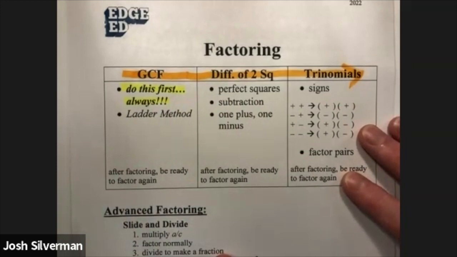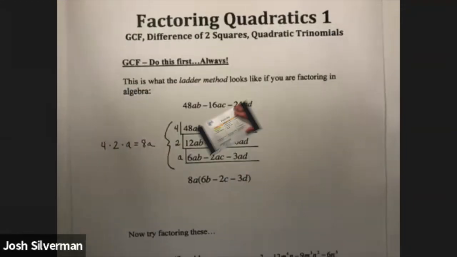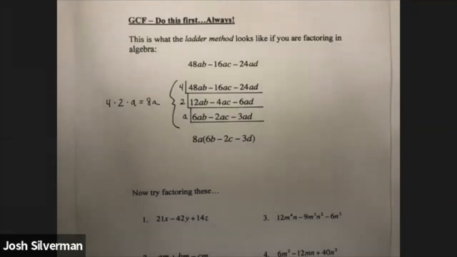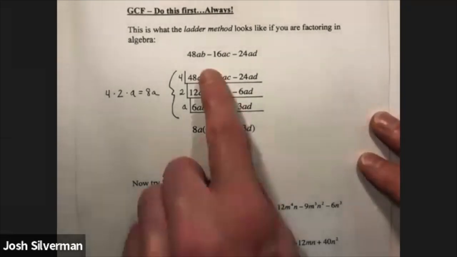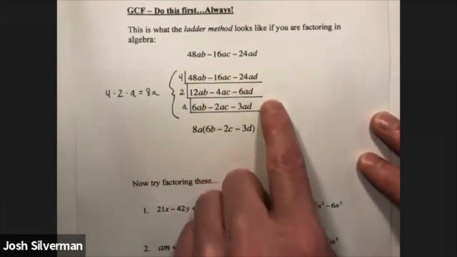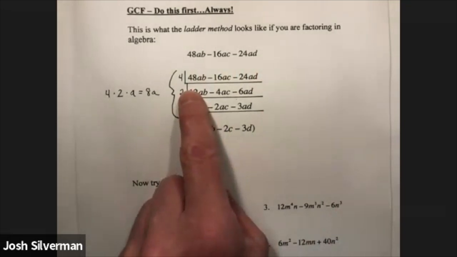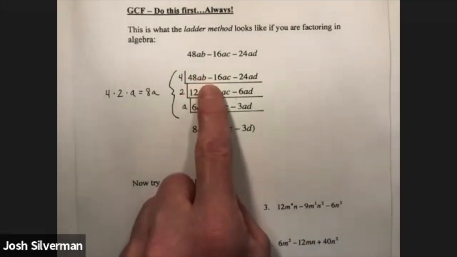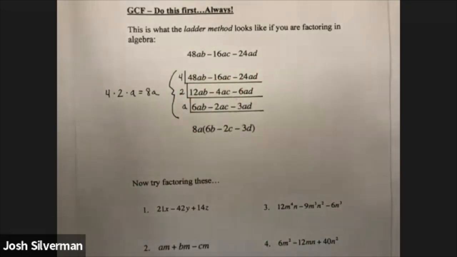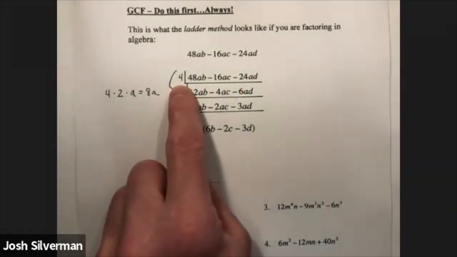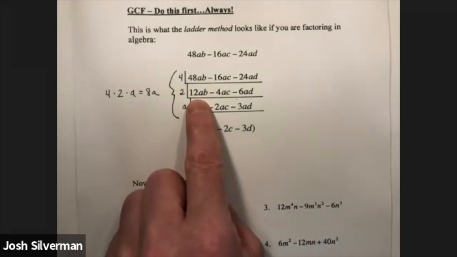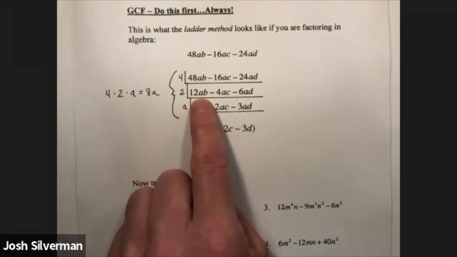Let's do some GCF. All right, so here's what the ladder method looks like. We're going to start off with some expression. We're going to first say, okay, what's something, anything that all 3 of those terms could be divided by? Well, they could all be divided by 4. And so you do that, and it leaves behind this. What can all of those be divided by? They can all be divided by 2.